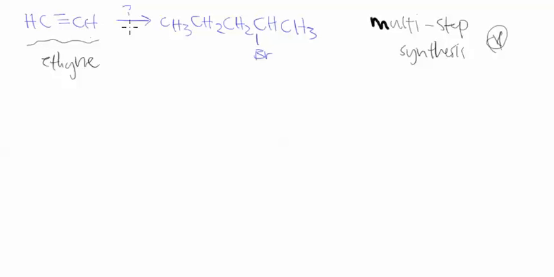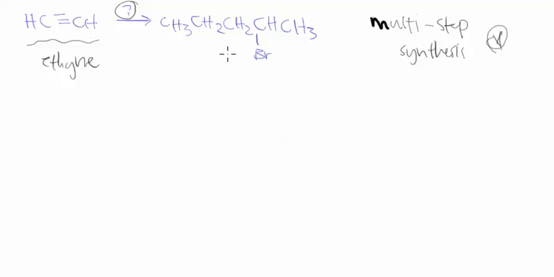We want to take acetylene and add any kind of reagent that we can. It's fair game, open book. Any reagent or series of reagents that you want to add, and we want to end up with a product that looks like this: CH3, CH2, CH2, CH, CH3 with a Br hanging off of this second carbon from the right.